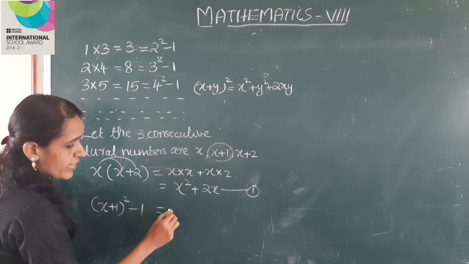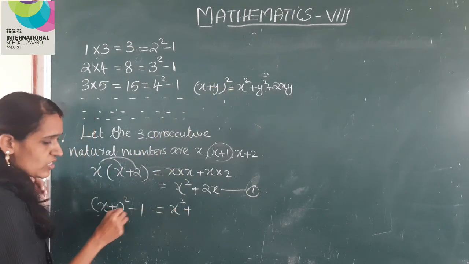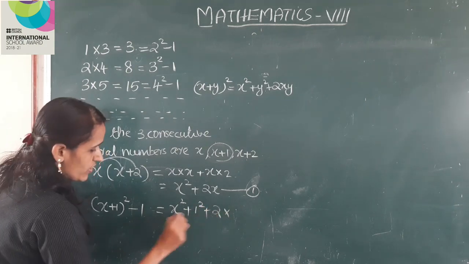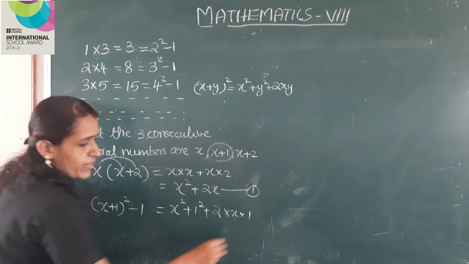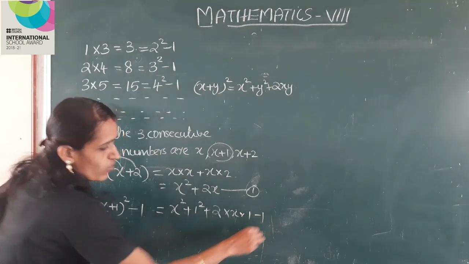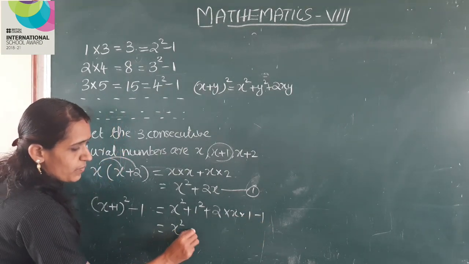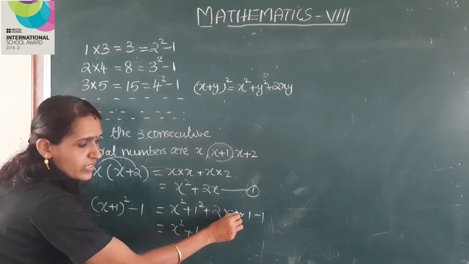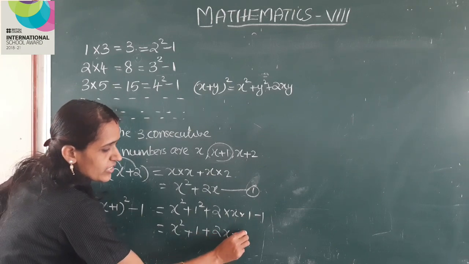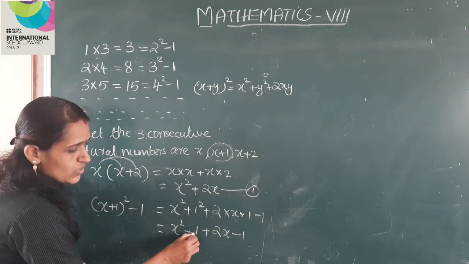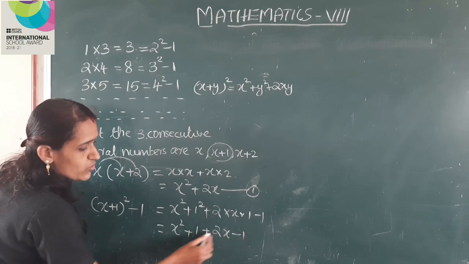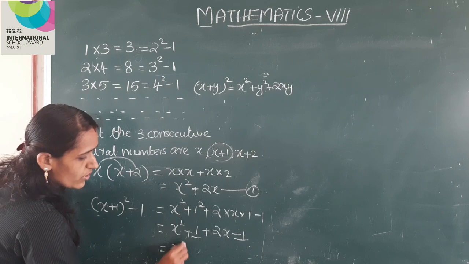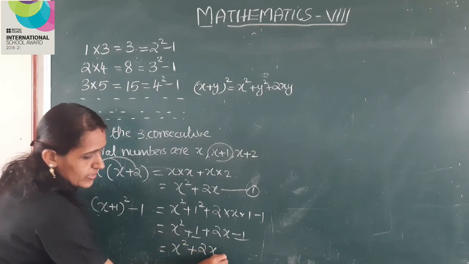So x square plus 1 square, which is 1, plus 2 into x into 1, 2x, minus 1. Plus 1 minus 1, the sum of these two numbers is 0. So this is equal to x square plus 2x.